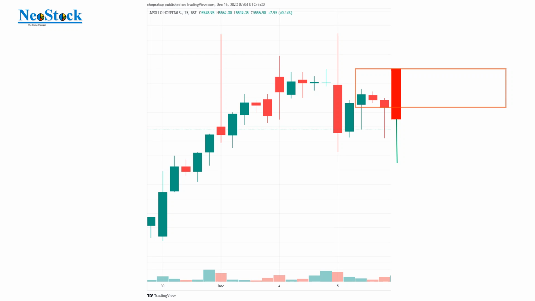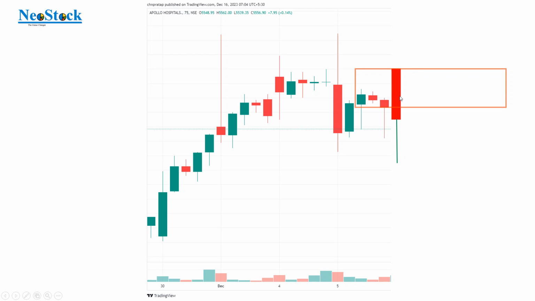By considering that price structure, this is purely dynamic. When you try to understand the dynamic nature of the market, you will be able to draw such dynamic zones. That's why I told you this is the most advanced level concept.